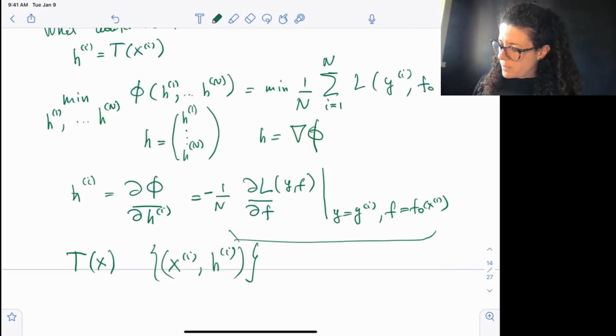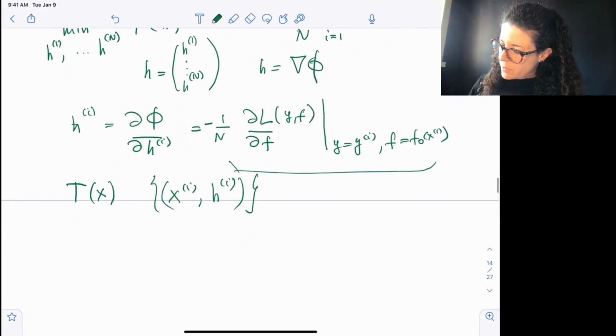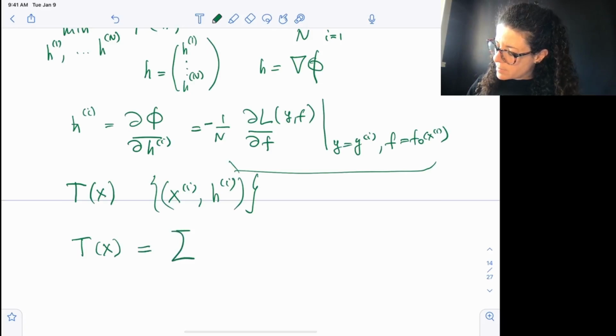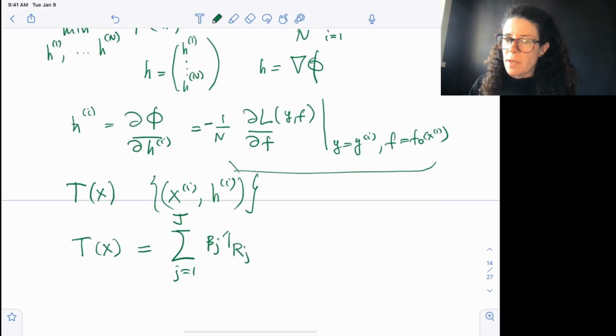After we do that, if you remember t of x, we can write this as, so if you remember, a tree is some constant values beta j over some regions Rj, right?